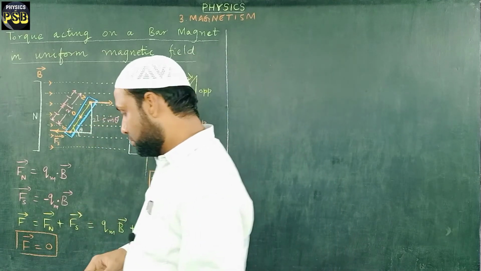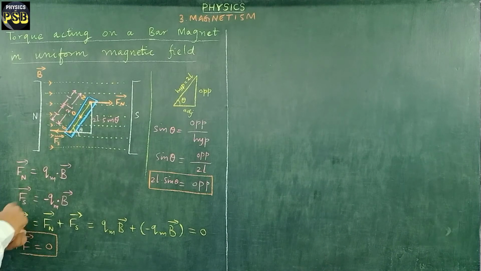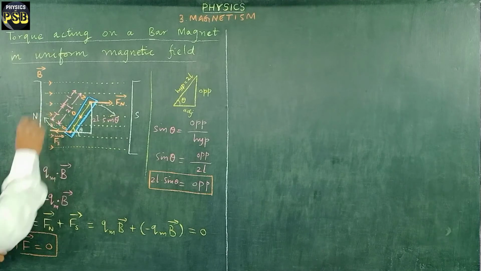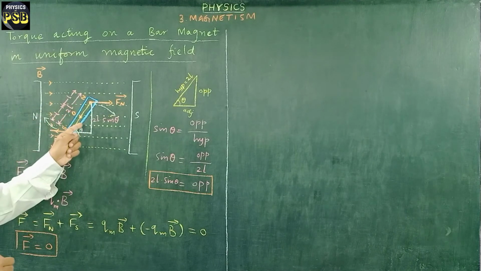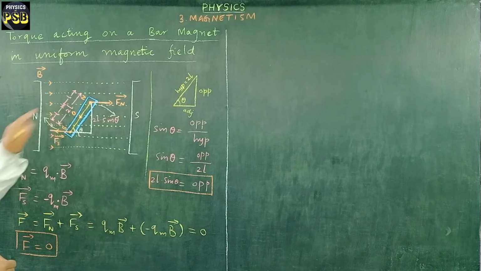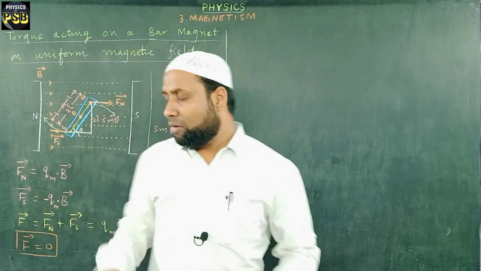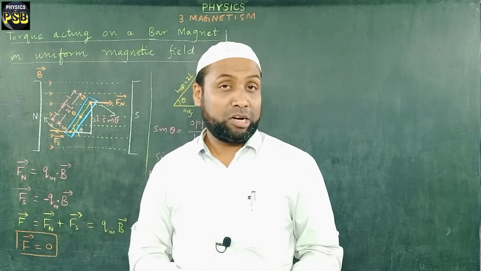Instead, this force acts in this direction and this force acts in this direction. So it rotates the magnet about the midpoint. Clear? This is how the bar magnet experiences a torque.